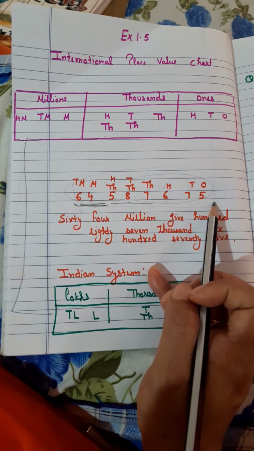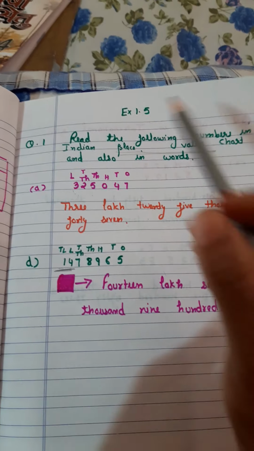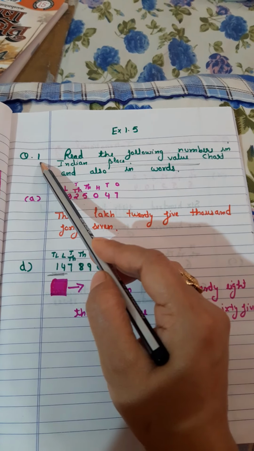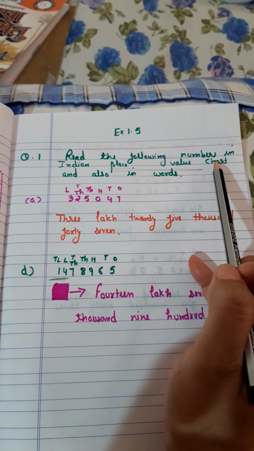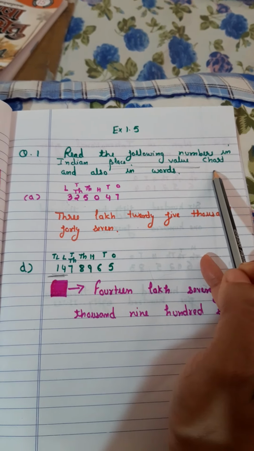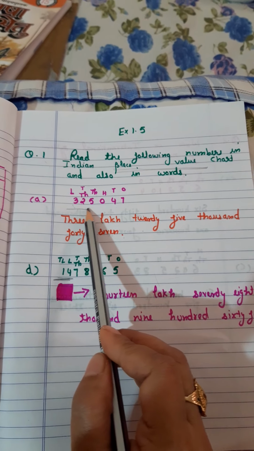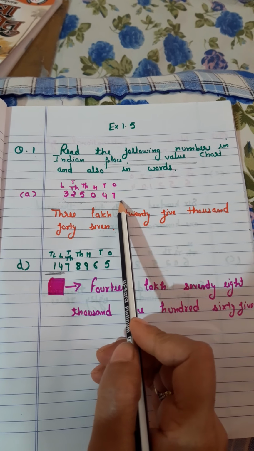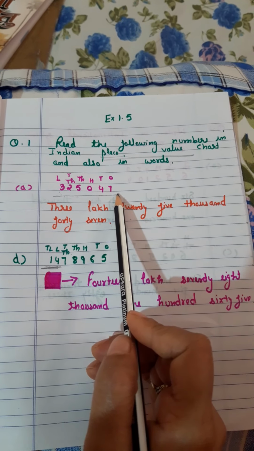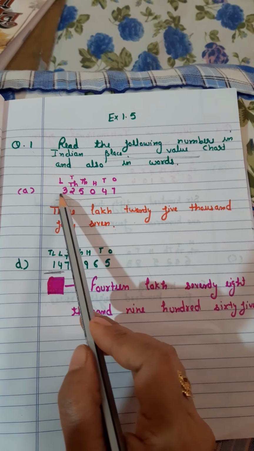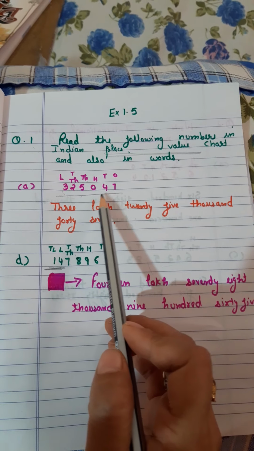Good. Now move towards exercise 1.5. What is there in question number 1? Read the following numbers in the Indian place value chart and also in words. So you have to write the numbers as per the Indian system of numeration. The number given to you is 325047.